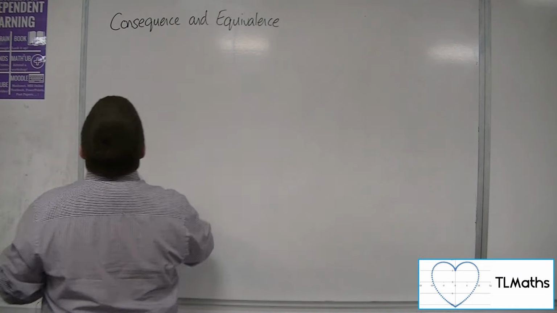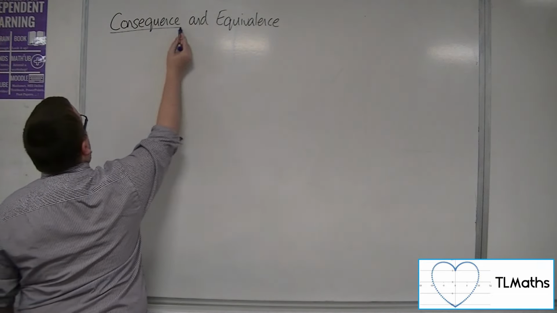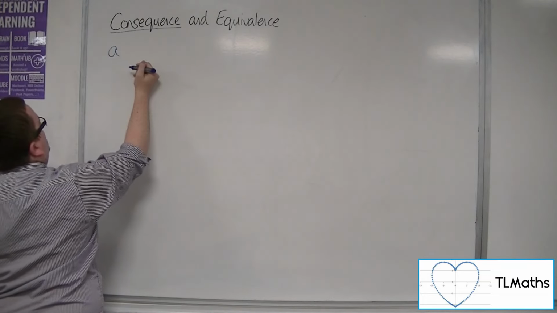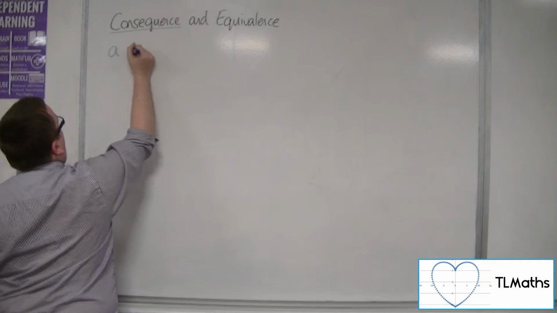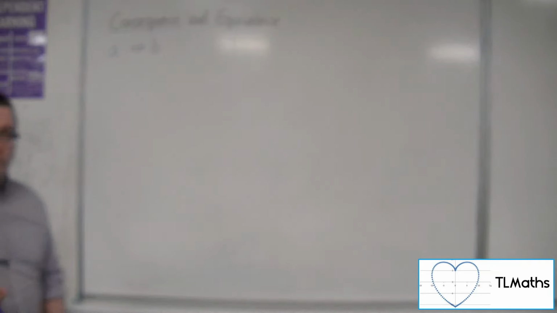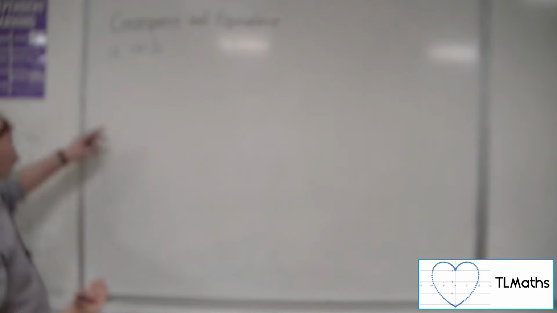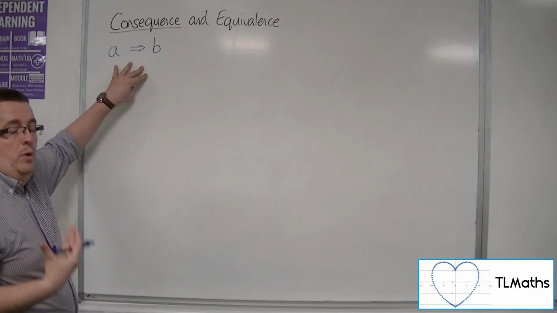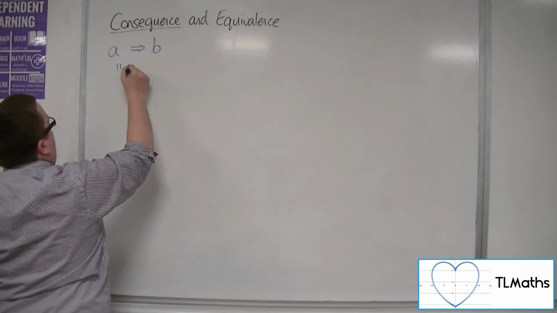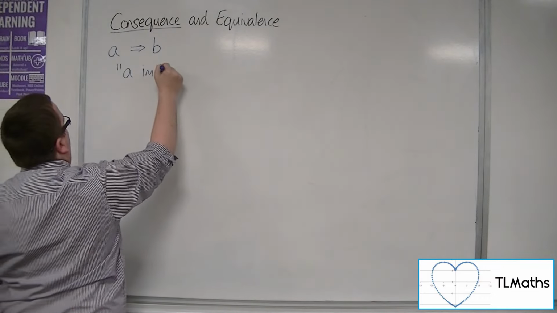So if we're looking at consequence, what we mean is that if A is true, then this implies B is true, for example, okay? So we would say here that A implies B. So this means A implies B.